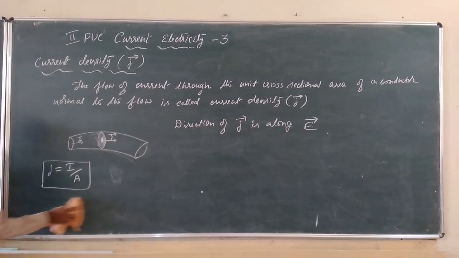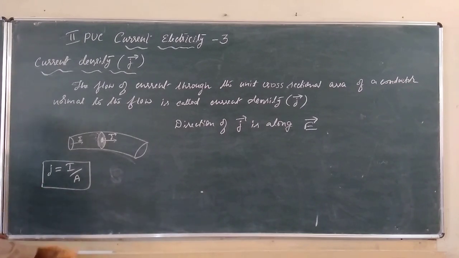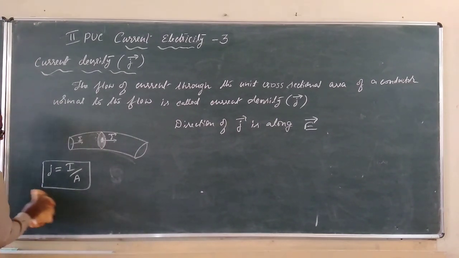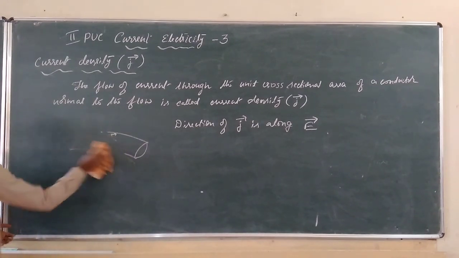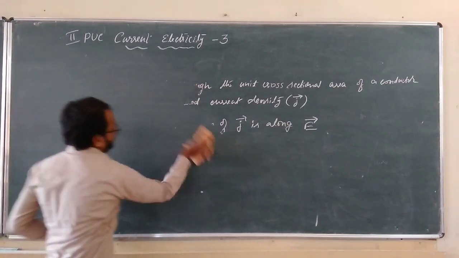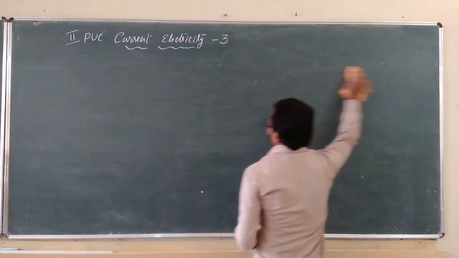It depends on the nature of the material, temperature, pressure. It is not dependent on the current flowing, the voltage, or the length and area of cross section. So we derive the relationship between current density and the conductivity of the material of the conductor.